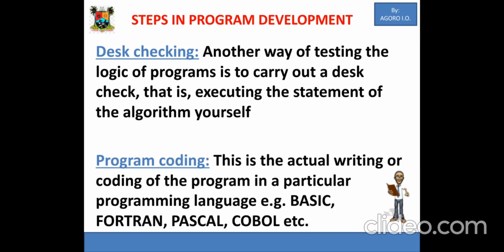Now let us look at program coding. This is the actual writing or coding of the program in a particular programming language, e.g., BASIC, Fortran, Pascal, COBOL, and so on.